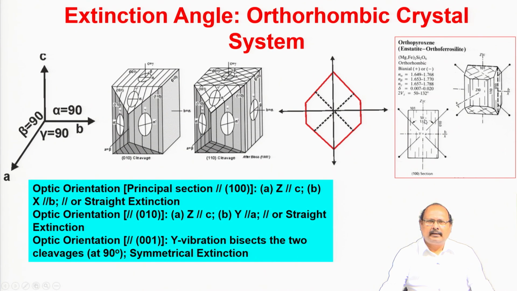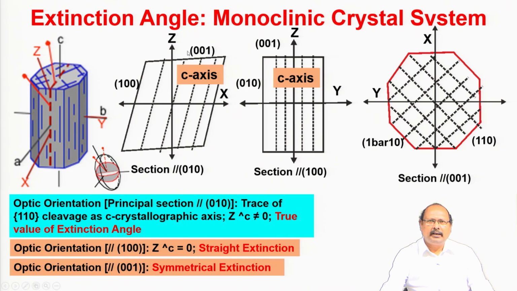Okay. So, let us now see what happens in a monoclinic crystal system here. This is the 3-dimensional orientation of the monoclinic mineral, and you remember that this is the B crystallographic axis of a monoclinic mineral, and here it is parallel to the y vibration direction, or the optic normal.